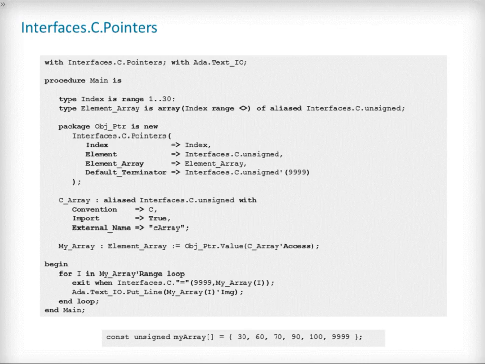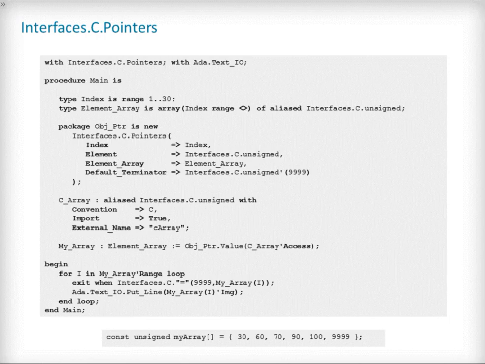The child generic package Interfaces.C.Pointers allows the Ada programmer to perform C-style operations on pointers. It includes an access type pointer that is C compatible and corresponds to one use of C's element star.